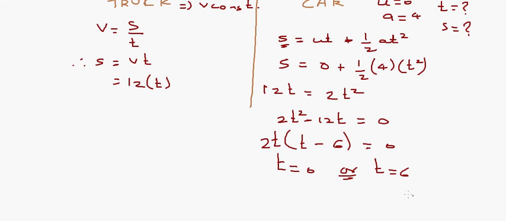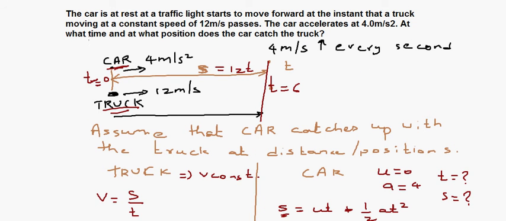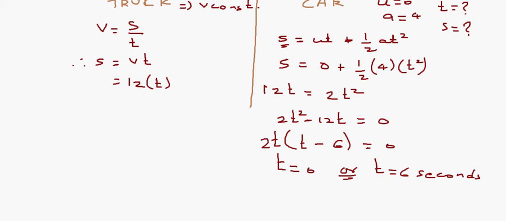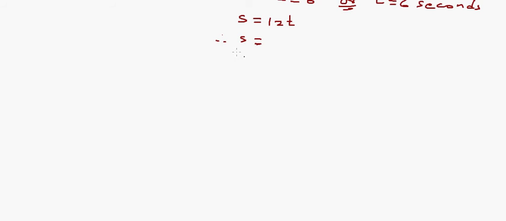Now we know the time, t is equal to 6 seconds. We still have to find the displacement, what position. We know that s is equal to 12t. Therefore s is going to be equal to 12 into 6, that is 72.